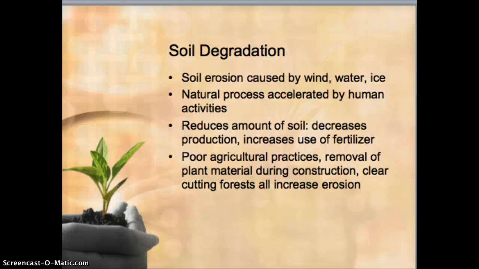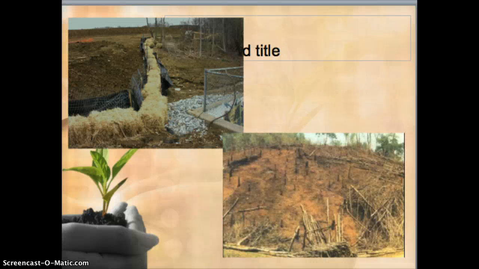Anytime we reduce the amount of soil, we are going to decrease our production. We're going to have to increase our use of fertilizer, and that's all mainly because of poor agricultural practices, removing plant material during construction, clear-cutting forests, all of that causing more and more erosion. Here you can see a couple examples of what can be done for that.